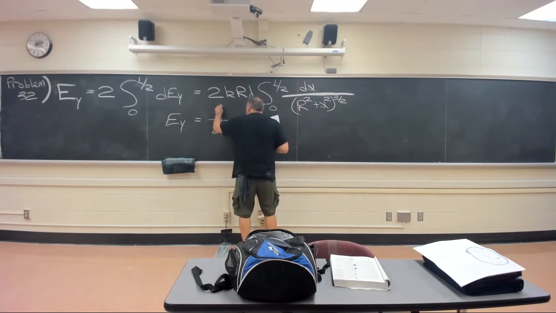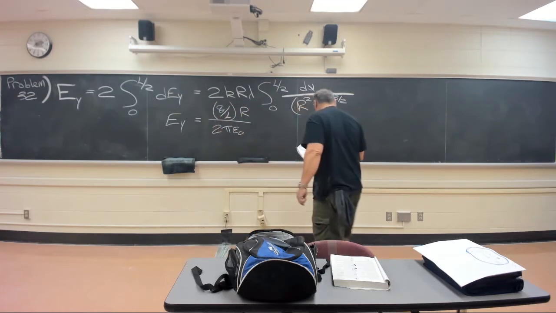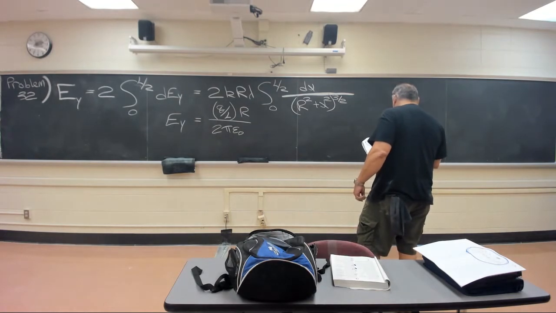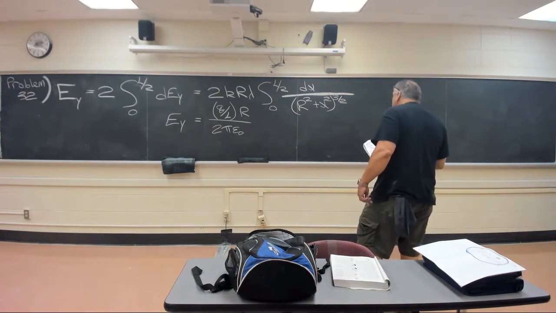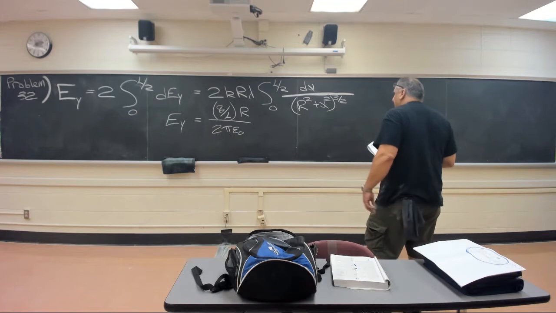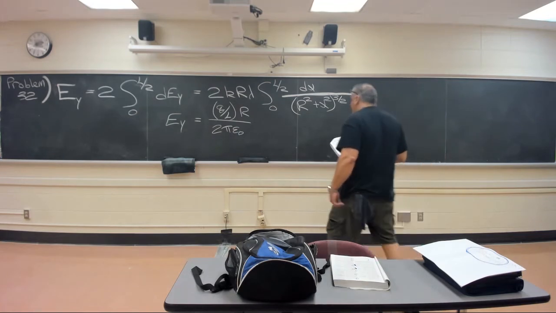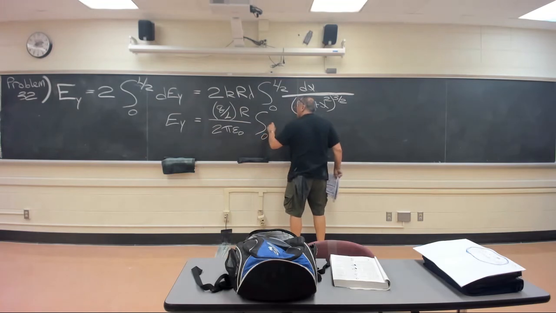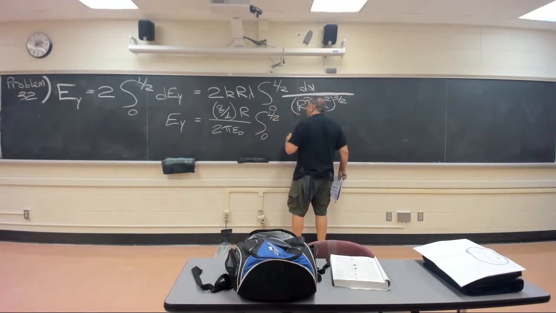Lambda is Q over L, and R is R. True. That is absolutely true. So, okay, now what do you want to do? Well, a lot of ways to argue this, guys.